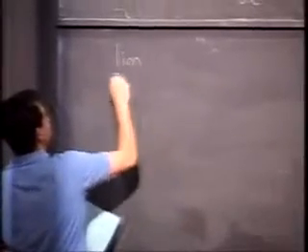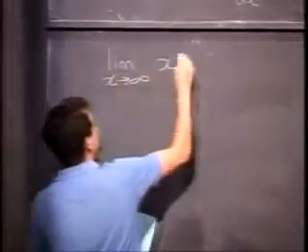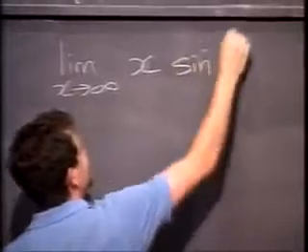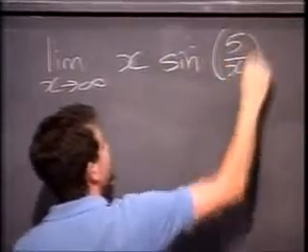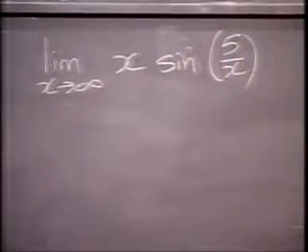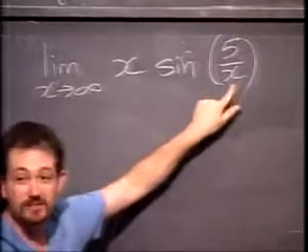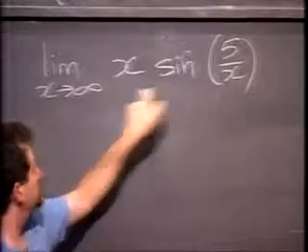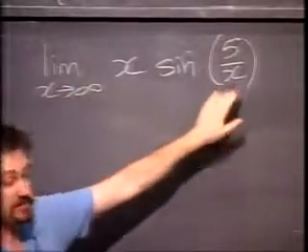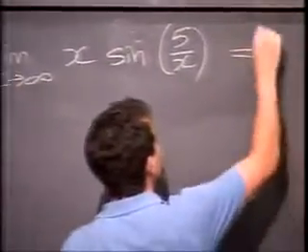Let's look at this limit. We've almost done it. This is one of the other limits that I wrote up earlier. Limit as x goes to infinity, x sine 5 over x. As I said, this is small. This is small. And of course, as x goes to infinity, that goes to 0. So here's how I handle this.